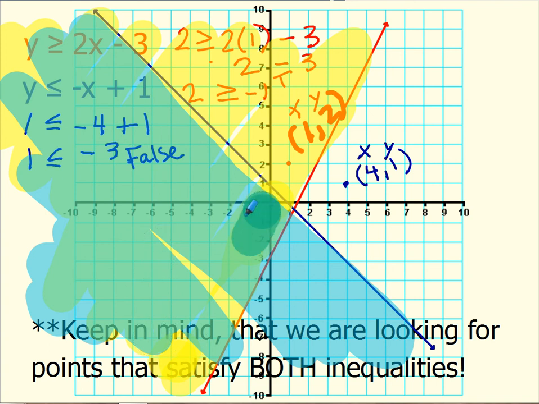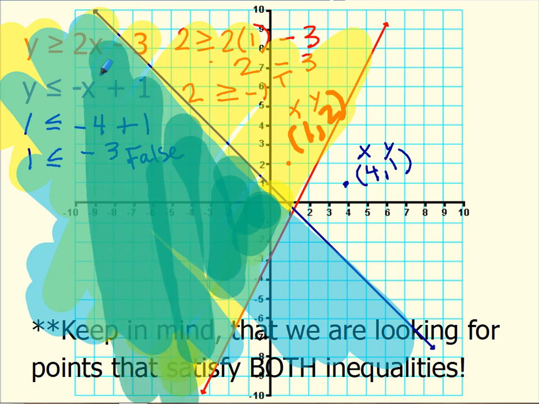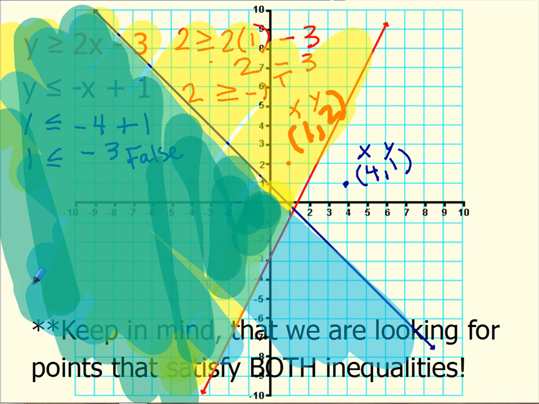So what I'm going to look for is this portion that makes both inequalities true, or where the two shadings meet. So this part where the two shadings overlap is my solution. I can pick any point in this area, plug it into both inequalities, and both will come out true.